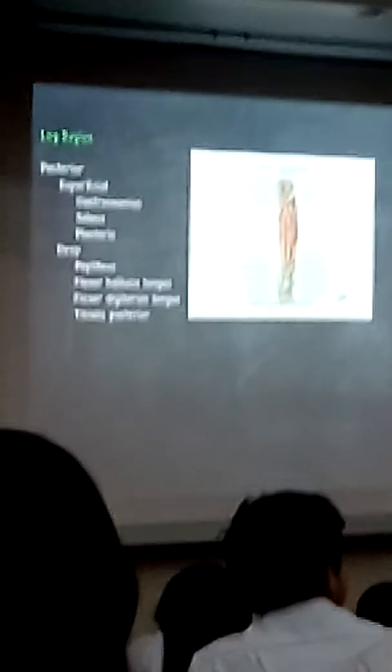In the posterior part of the leg, we have the superficial and the deep. Take note, these are the superficial muscles and these are the deep muscles. They act mainly as ankle plantar flexors. So take note of the blood supply.